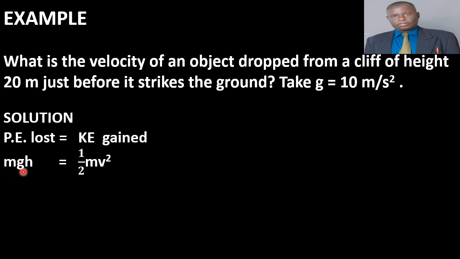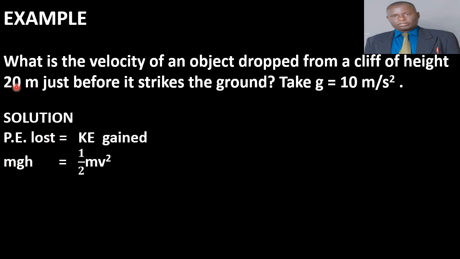So its mass multiplied by the acceleration due to gravity, which we are given here, is going to be equal to its kinetic energy. Remember that kinetic energy is found by simply taking half of the mass multiplied by the square of its velocity. Very important. So the energy is going to be transformed. Potential energy becomes kinetic energy.